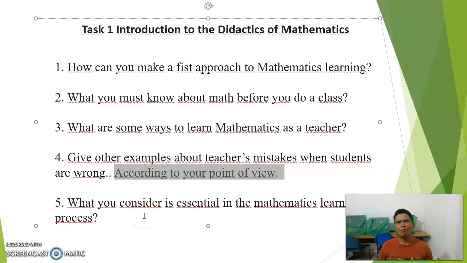Okay, I would like to share my point of view according to this question. The mistakes of the teachers, okay. One general mistake that I can perceive is that the teachers focus their attention on the specific mistake, and the teachers don't perceive other options, for example, the previous knowledge of the students.